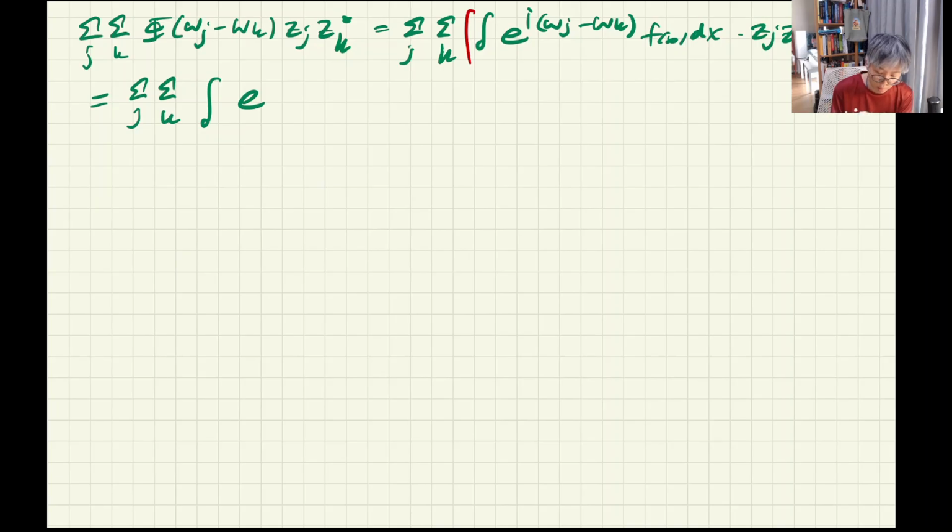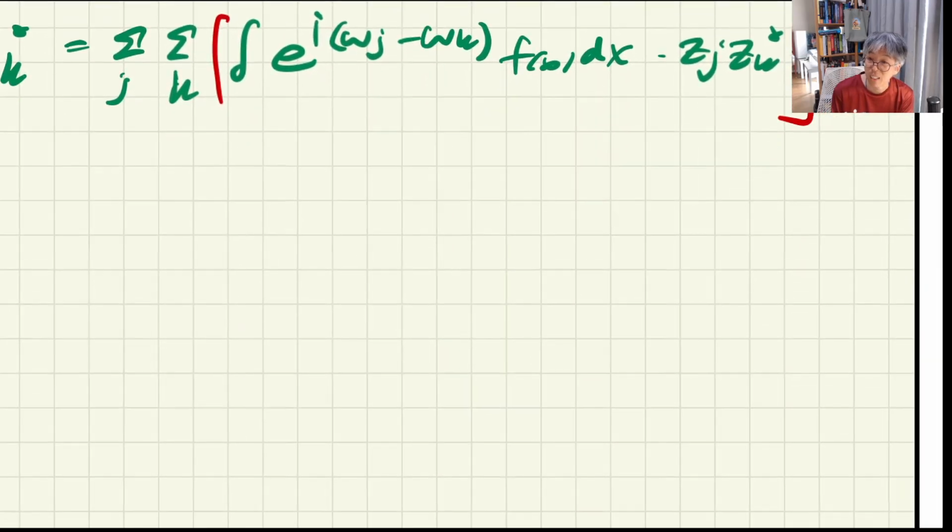This is a double sum of the term in the red bracket, but under the red bracket it involves the integral, indexed by j and k. After you're done with the integral, you run the indices j and k.